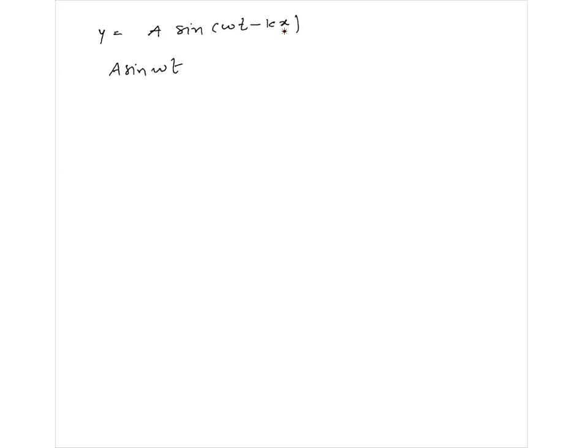If I do it down, negative. A sine kx minus omega t. If I move my hand up first, I am doing something like this. But if I'm moving my hand down first, I'm doing something like this.